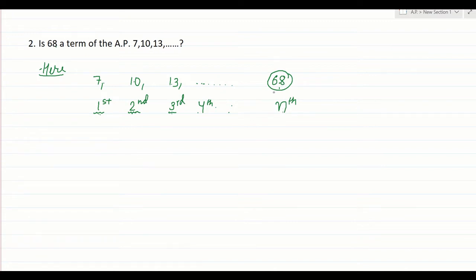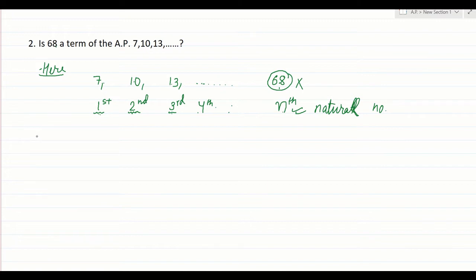If in fact 68 is a term of this AP, then the value of n must come out a natural number. If the value of n does not come out a natural number, then 68 does not belong to this AP. Is this clear? Okay, then let's continue.